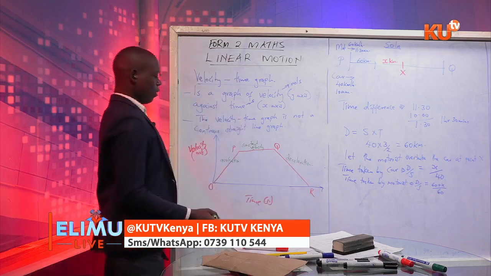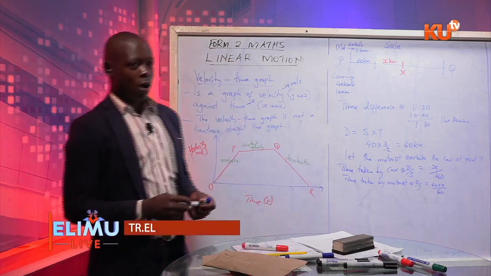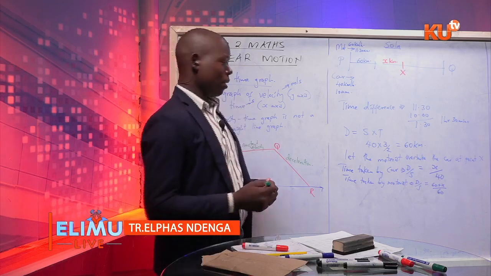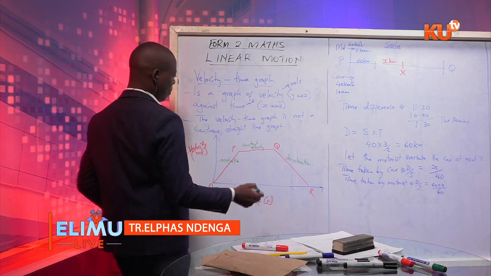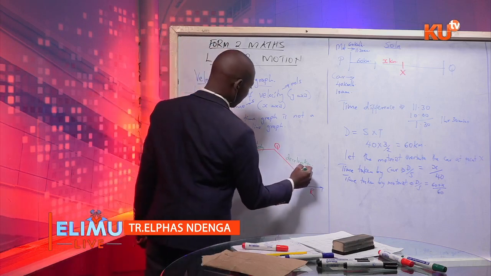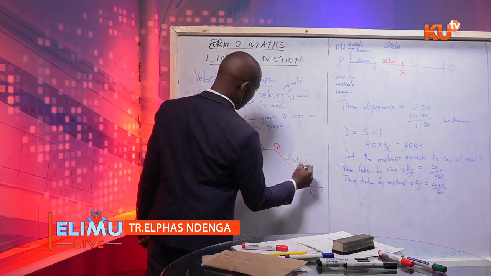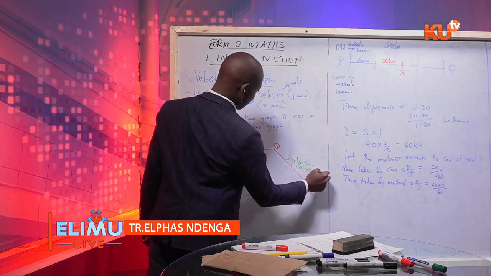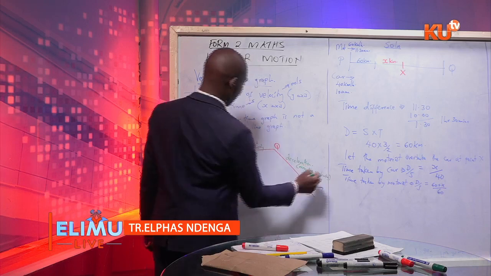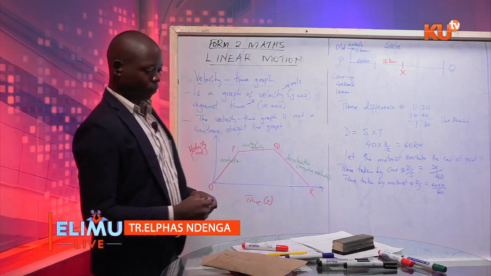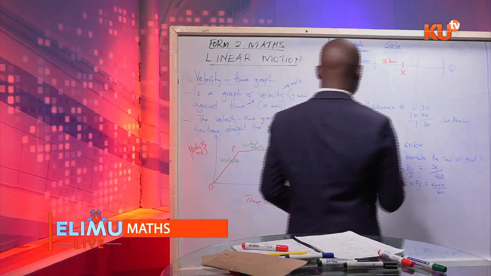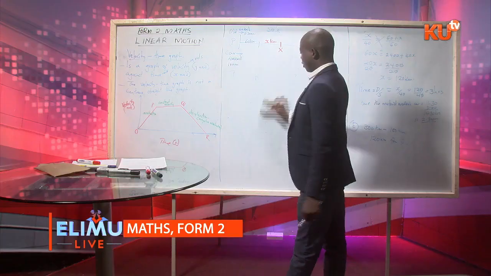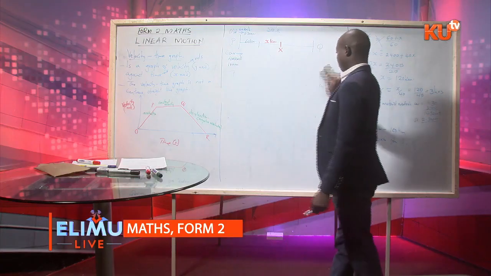So the object will either accelerate, move at a constant speed, or decelerate. Deceleration is simply negative acceleration. And at some point you'll be asked to determine what we call the total distance covered.